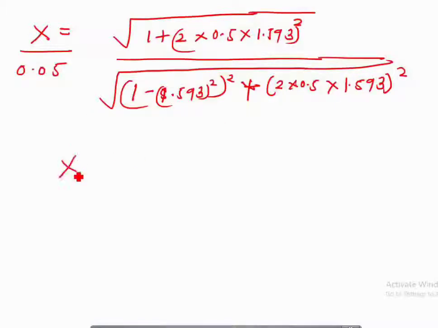From this calculation I am getting x, the absolute steady state amplitude of the vehicle, as 0.0425 meter. I can also convert this into mm, that is 42.50 mm.